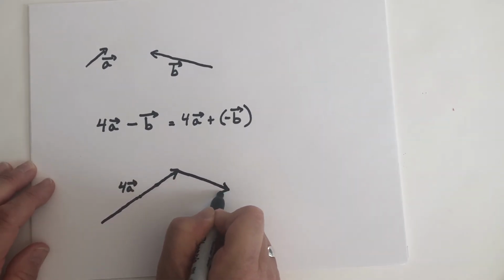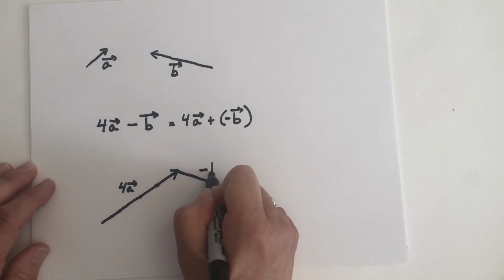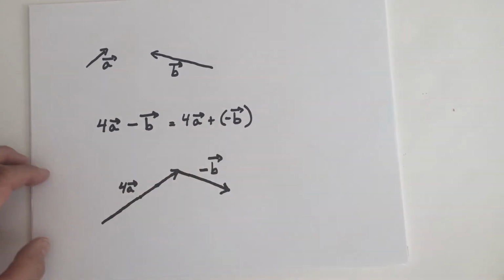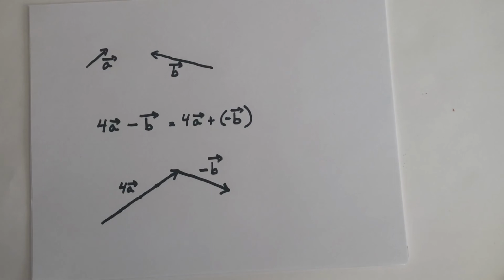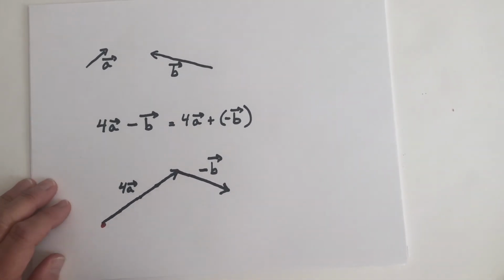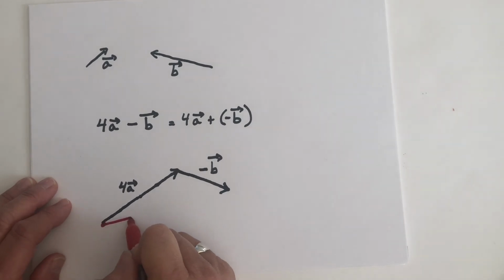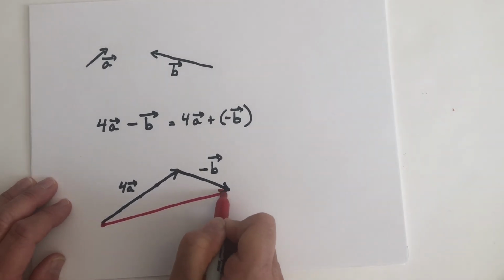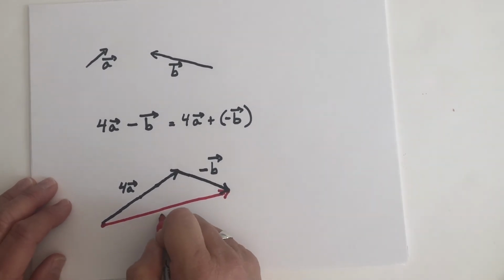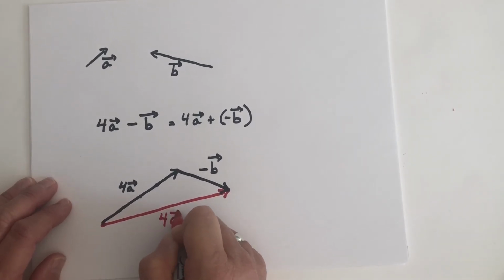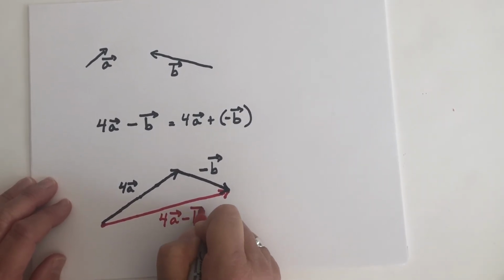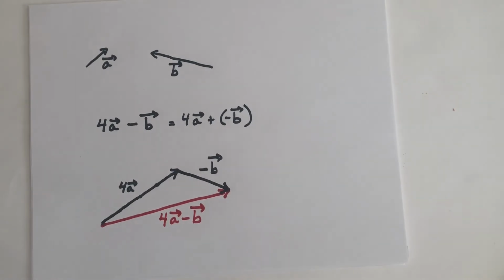Now it's headed this way. This is -b. So the result is this vector. Start at the initial point of the first vector, finish at the terminal point of my last vector, and this is 4A minus B. I hope you'll have a chance to add and subtract some vectors geometrically.